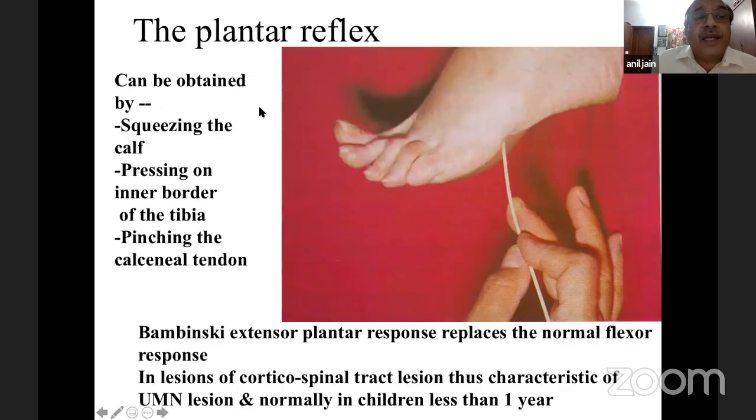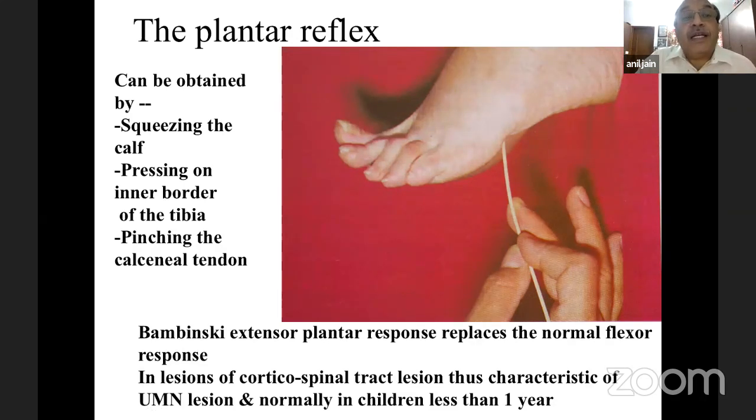Now, plantar reflex: it is elicited by scratching, not with a sharp but with a blunt pointed object, on the lateral border of the sole up to the second metatarsophalangeal joint. You should not go up to the first. What one gets is flexion of the great toe and the other toes in a normal person, while in an upper motor neuron lesion, the response is extension of the great toe and fanning of the toes, called the Babinski extensor plantar response.